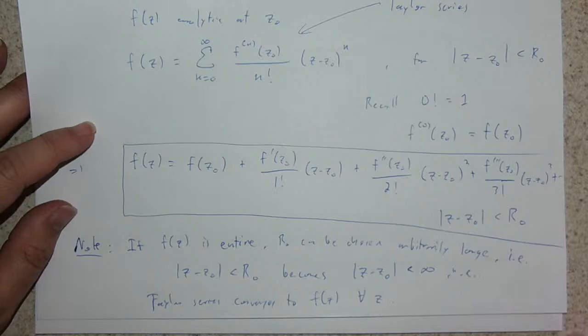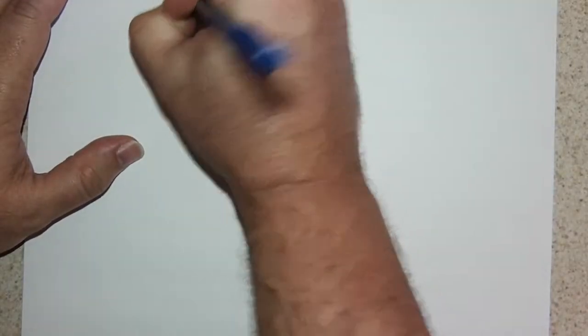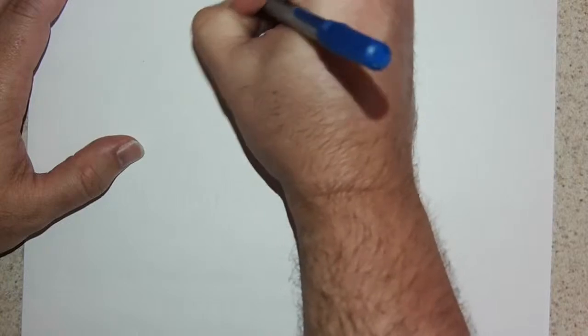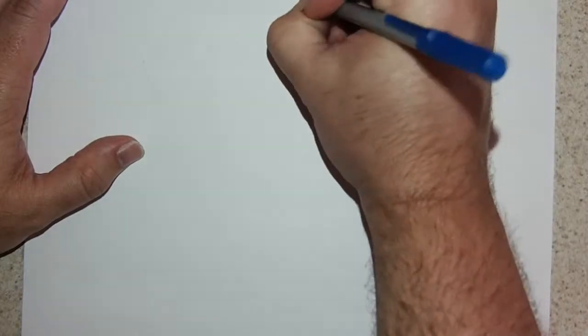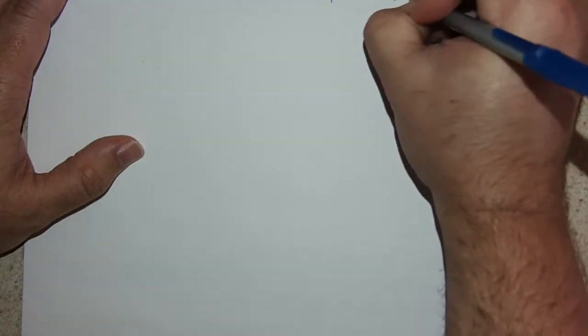Now, what if I have a function that's analytic everywhere inside some circle centered at z naught?